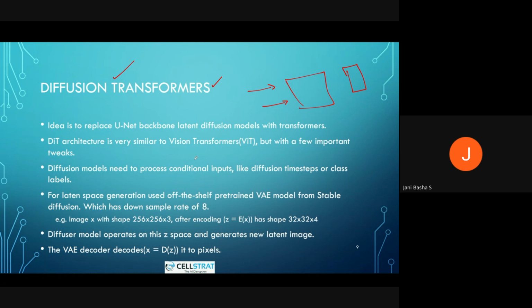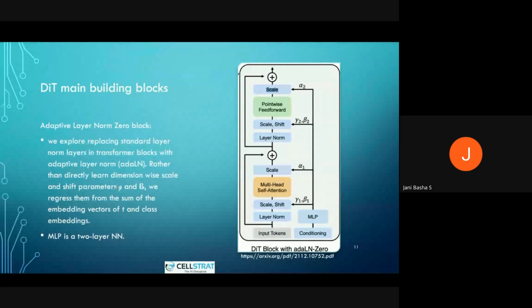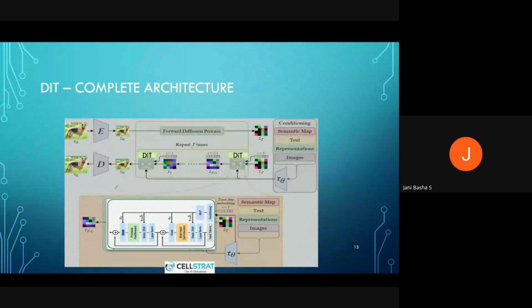Yeah, let's directly get started with the architecture so that we'll get some idea. As you can see here, the architecture, everything looks the same. Instead of this U-Net, we have replaced it with the transformer model.